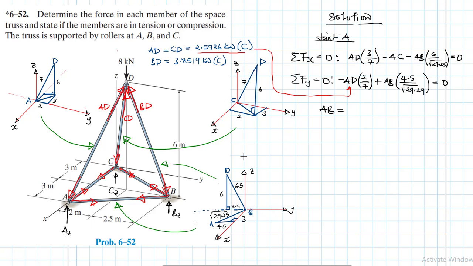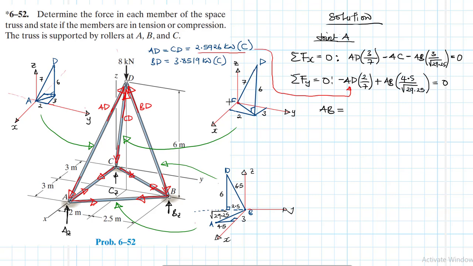times 2 divided by 7, okay, and divided by 4.5 divided by root of 29.25. This one is 29.25, not 29.